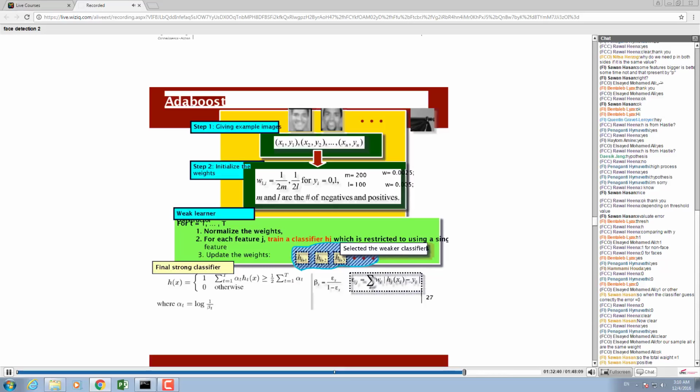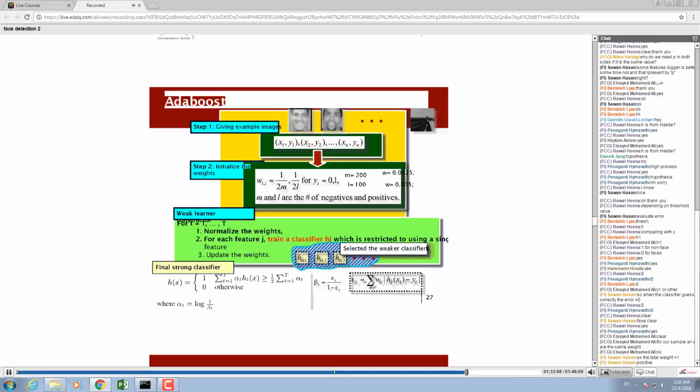Now we are normalizing the weights. In the beginning, it was already normalized, but this process is an iteration. In every iteration, because the update can change from the previous iteration, we have to normalize the weights first. This is inside the loop.